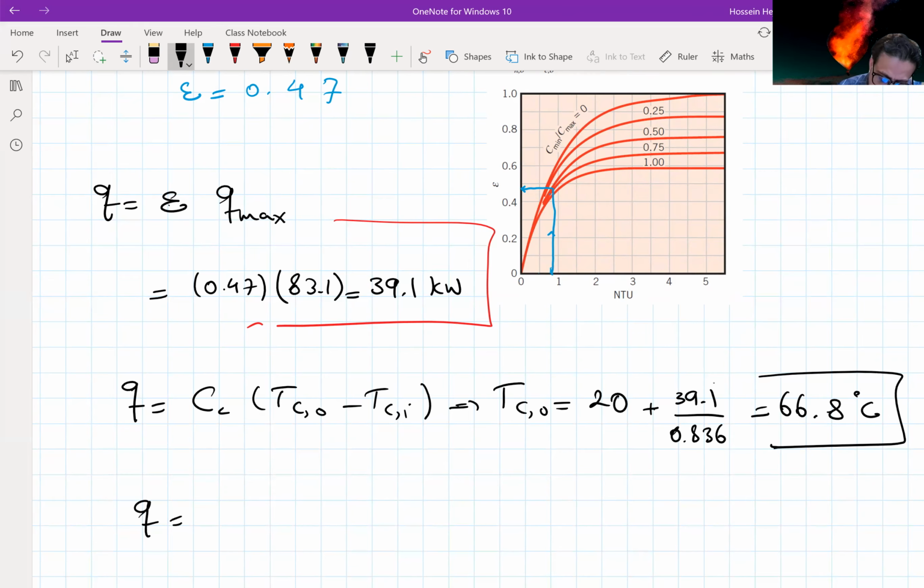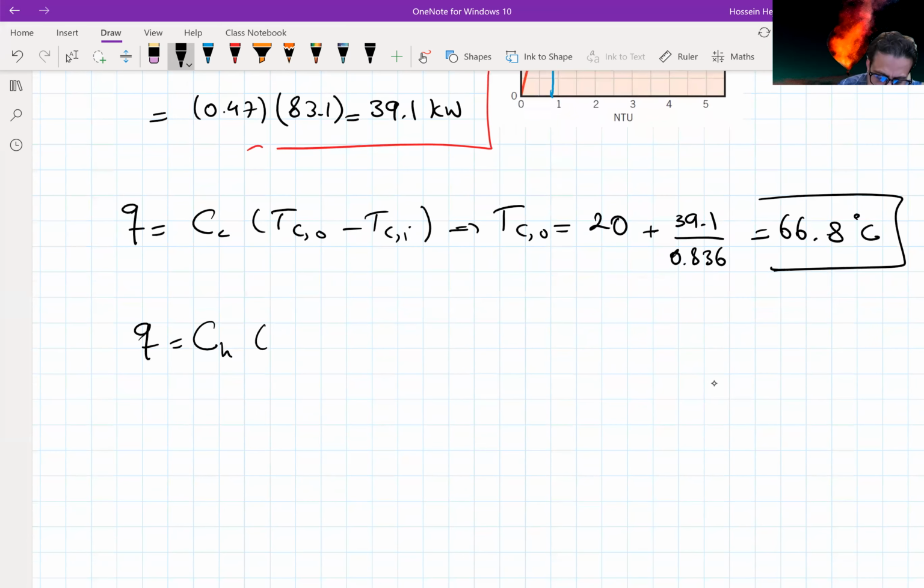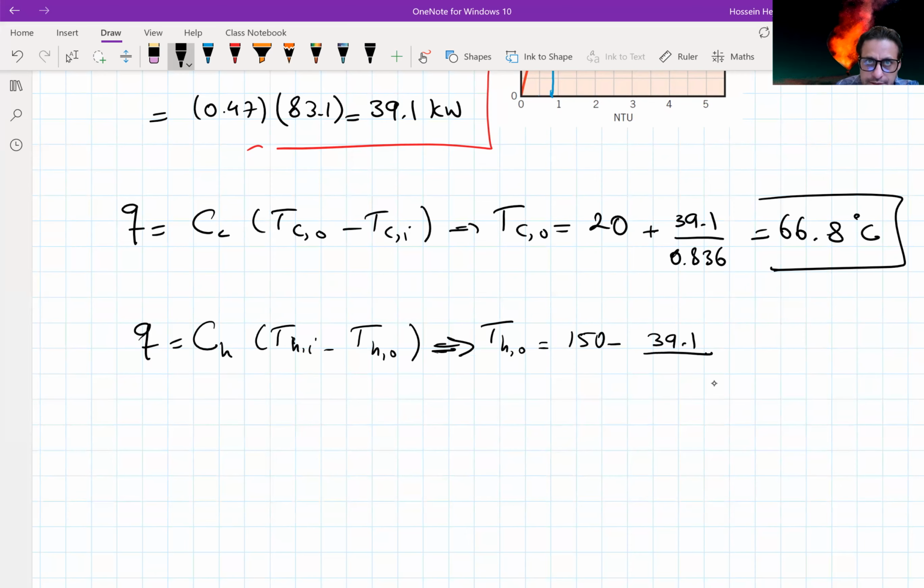And similarly, I can find out Q equals CH times THi minus THo, so THo would be 150 minus 39.1 divided by 0.639, which will be 88.8 degrees C. So this is going to be the outlet temperature for the hot stream.